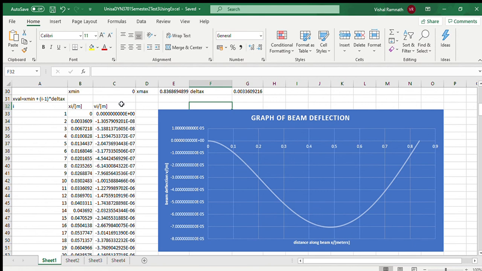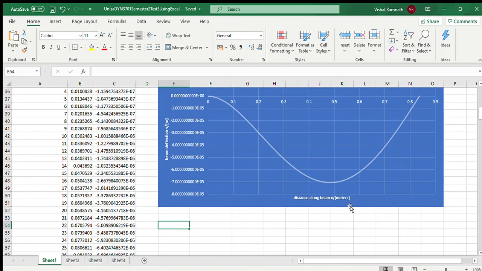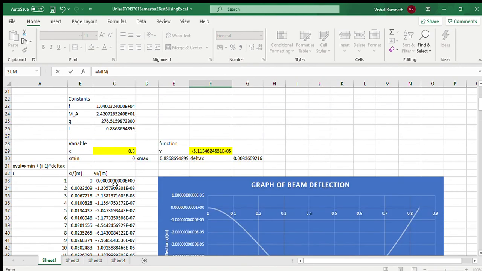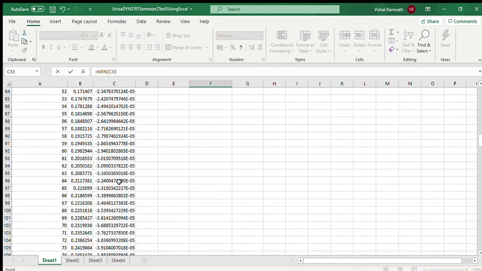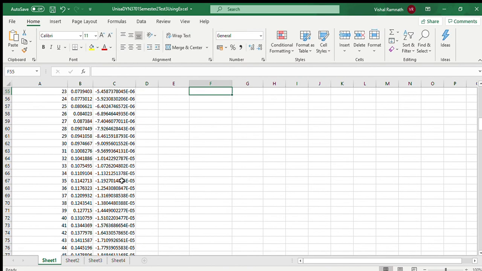So we could plot the graph of everything over there, and then we could say delta min equals min. That would work out the minimum value. We've got 250 value points over there, so we scroll all the way to the 250 points, select it, put the right bracket, press enter, and that's the value.